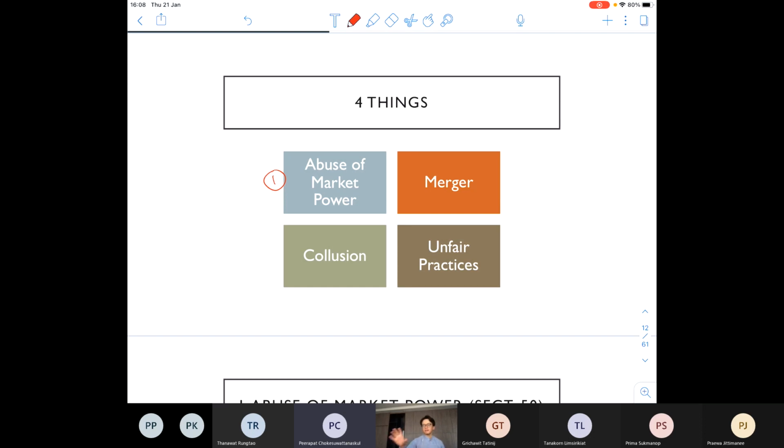And the last one is unfair practices, which is sort of like a safety net of the competition commission, because this covers so many practices that are unfair. In some cases you might not have market power, but you have bargaining power.